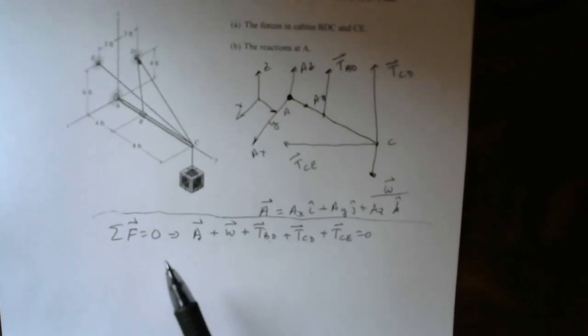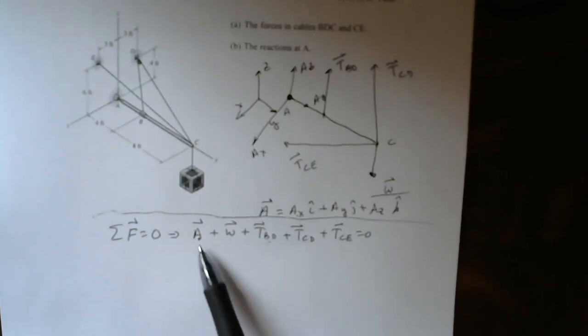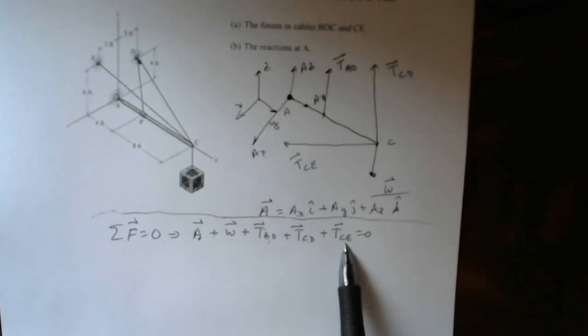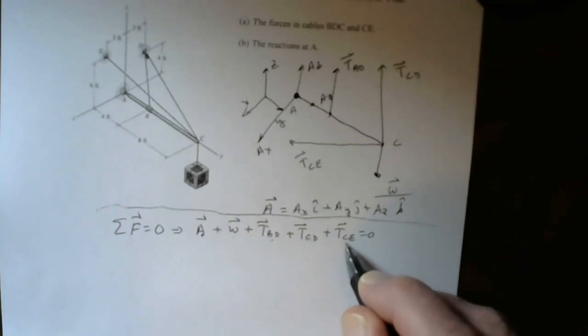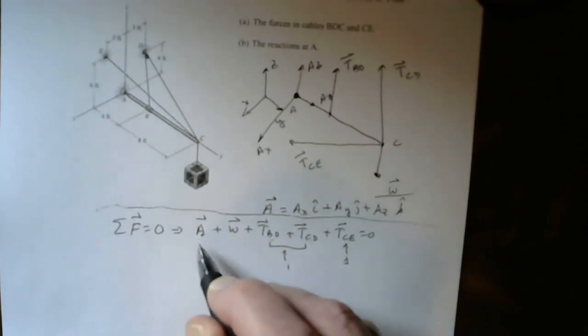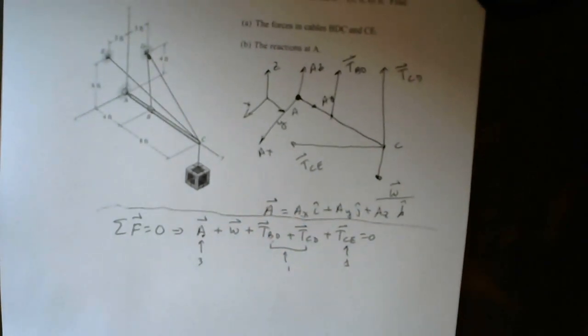But since that is a single cable running over a pulley, the magnitude TBD is the same as the magnitude of TCD, so that's one unknown. And then finally, I have the magnitude of TCE, one unknown. So this is one unknown, and this is three. There's a total of five unknowns in the vector sum of the forces equal to 0.